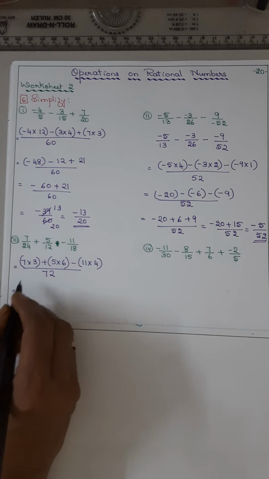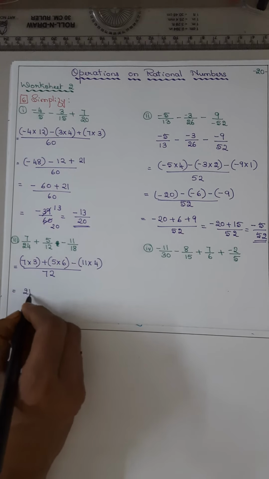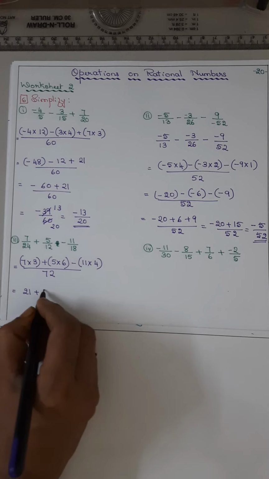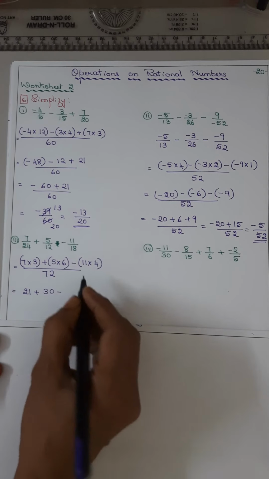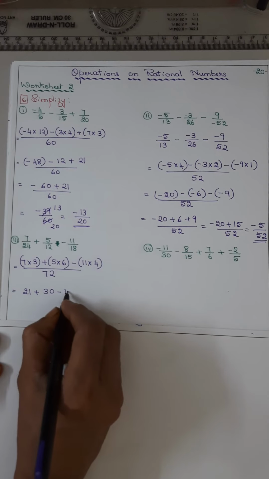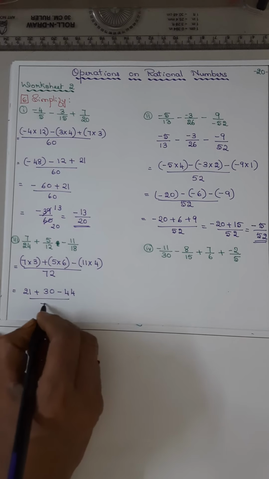Now 7 3s are 21 plus 5 6s are 30 minus 11 4s are 44 upon 72.